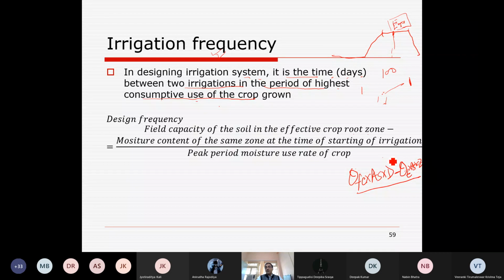We are getting how much water is required in terms of depth, and the peak rate of soil moisture use by the crop, that is ETc, at the peak time.